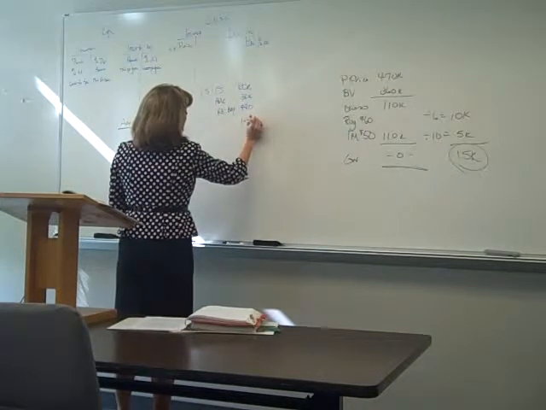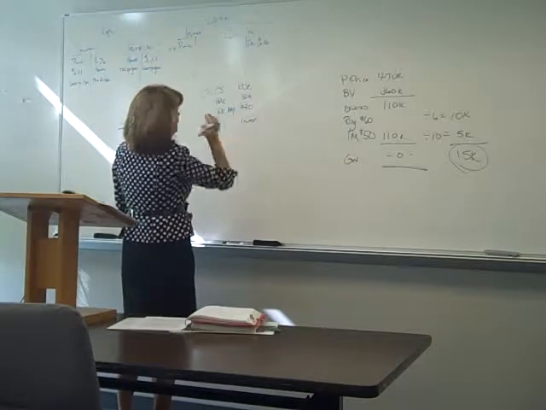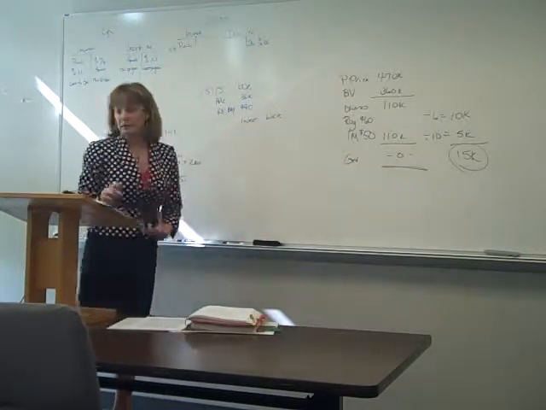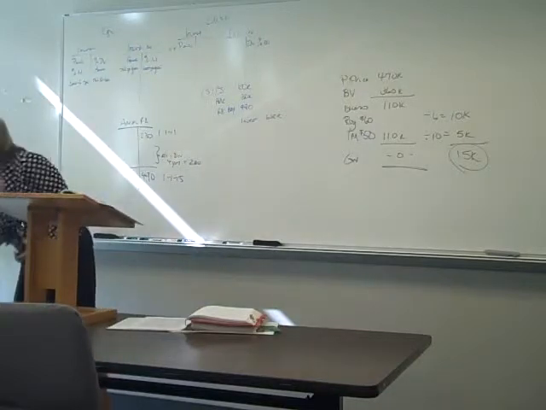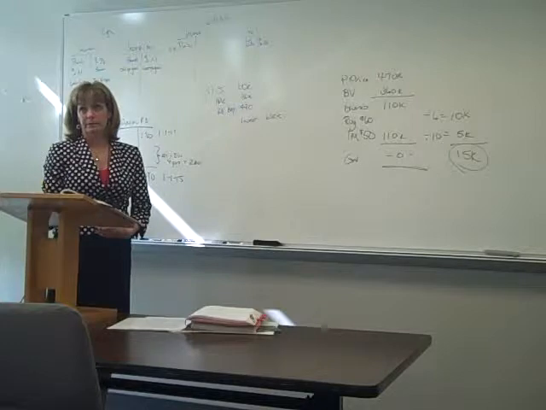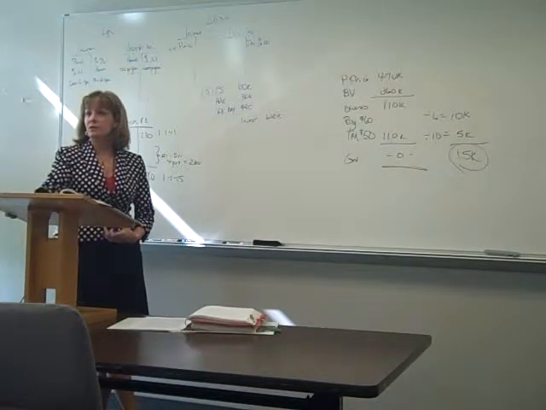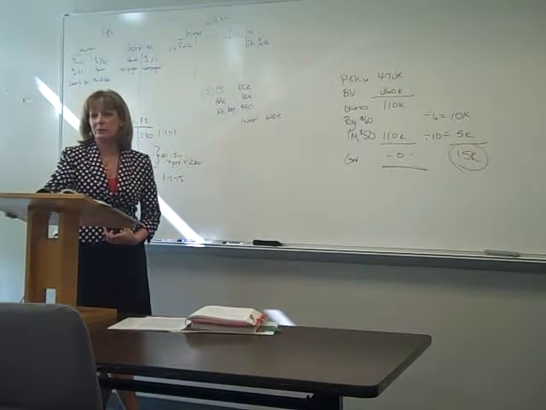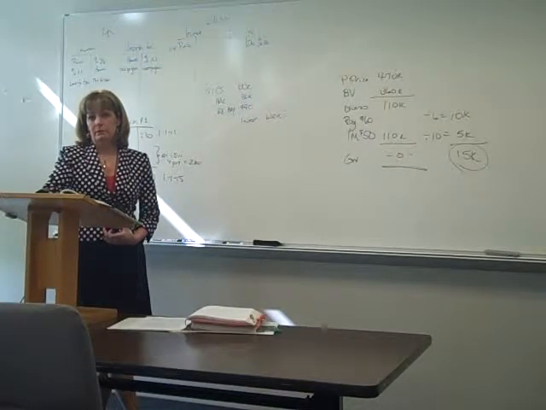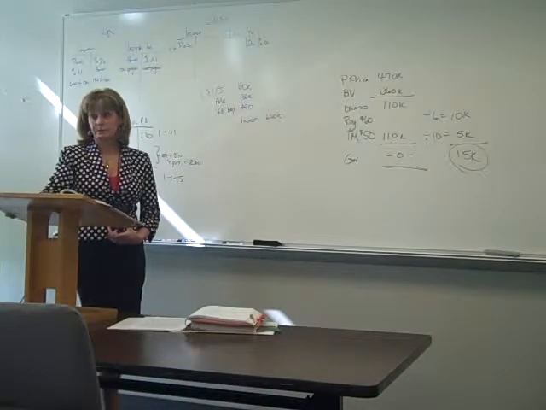You add those up, and you get 620, I think. Is that right? Yeah. That's your S. Slow me down. We've still got about 15 minutes, so slow me down if I'm going too fast. Good?